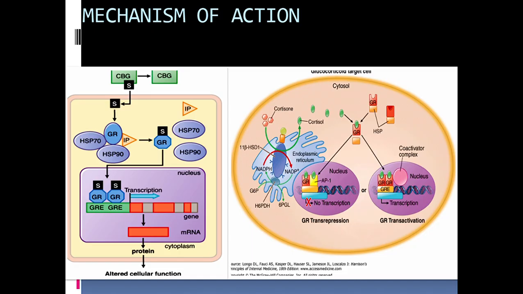This image shows the mechanism of action of glucocorticoids, and you can go through the books and articles to learn more about how it works through the nucleus and on the nuclear receptor.